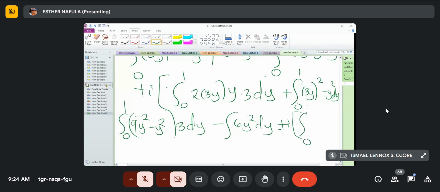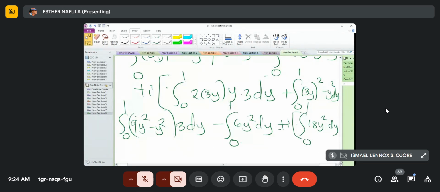Integration from 0 to 1, 18y squared dy. Plus finally we have 9y squared minus y squared dy. But 9y squared minus y squared is just 8y squared. We should have also noticed that in the first part, but no problem.